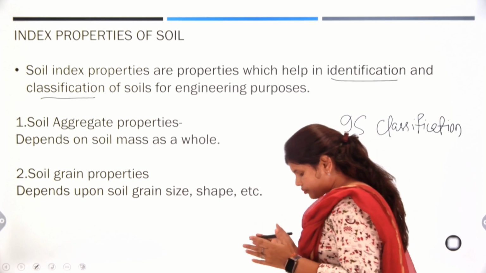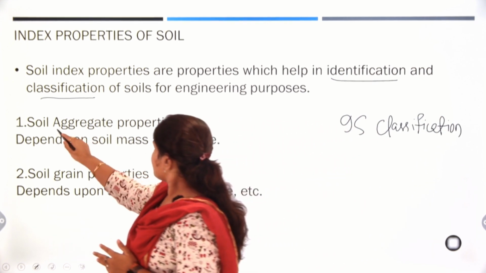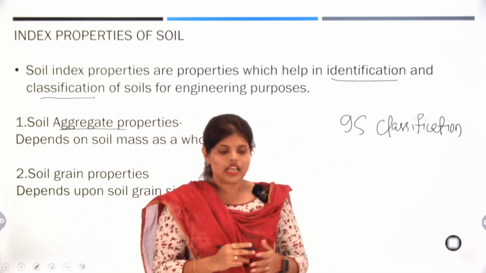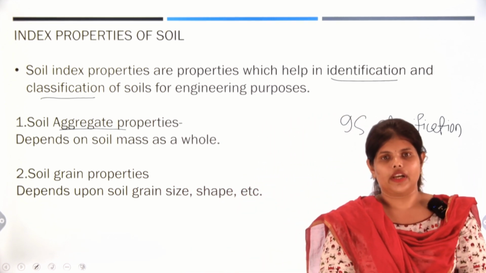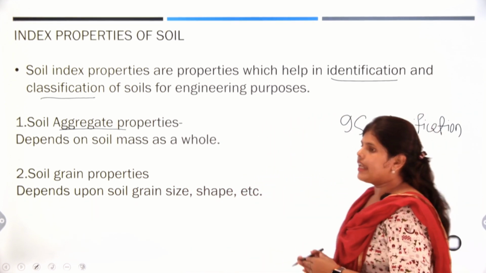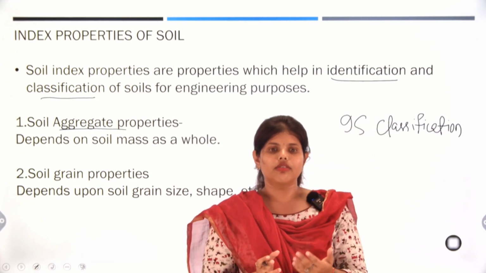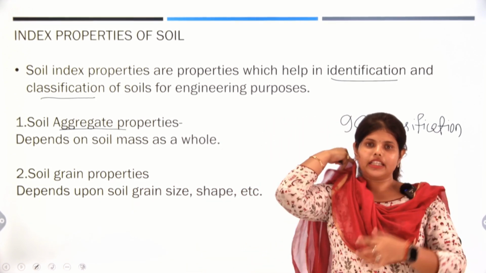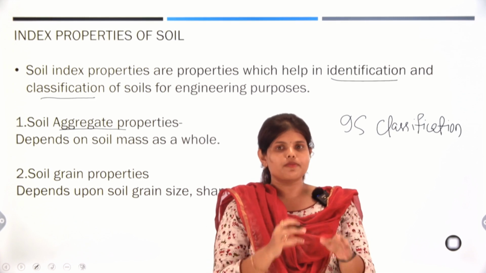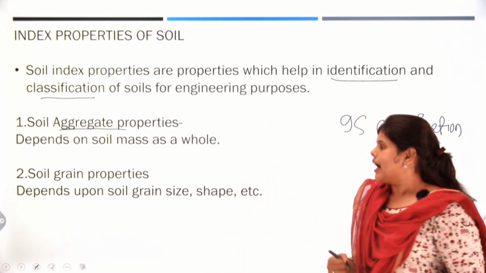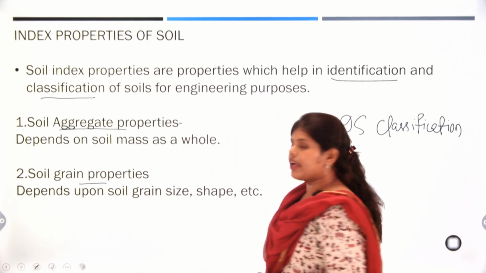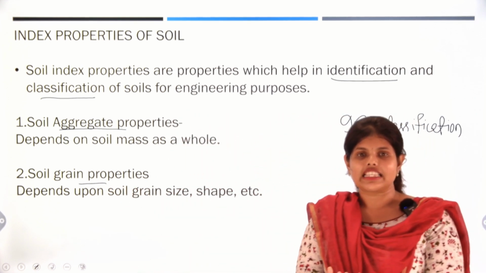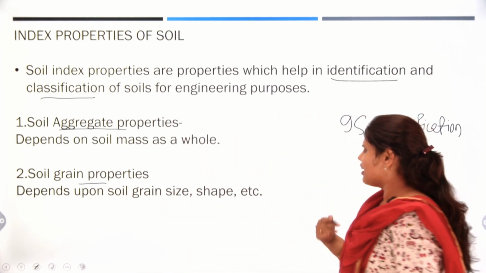When we discuss soil aggregate properties, we consider the whole mass of soil, in which various sizes of soil are present. And soil grain properties depend upon soil grain size, shape, etc.